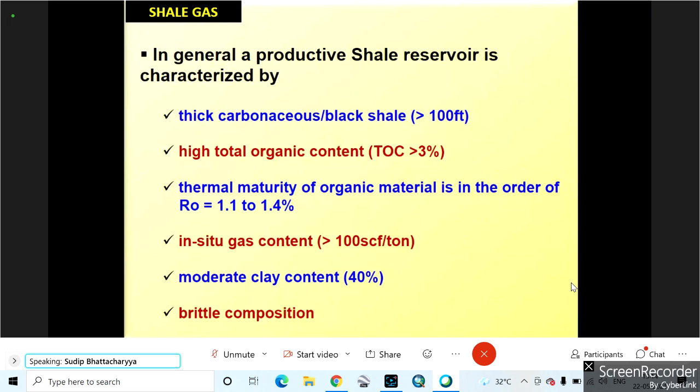If it is not like that, if it is malleable, if it is kaolinite, illite, montmorillonite, like that clay, then some problem is there, because once hydrofracturing is done, the fractured part will get closed by the swelling capacity of the clay. But if it is more brittle in composition, it will not swell and the gas will come out from there.